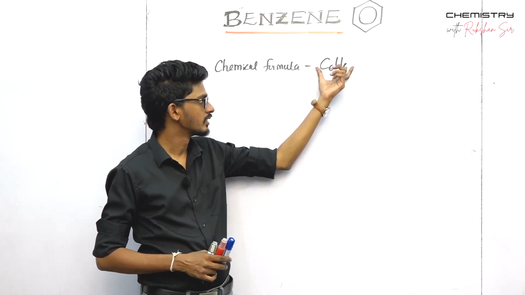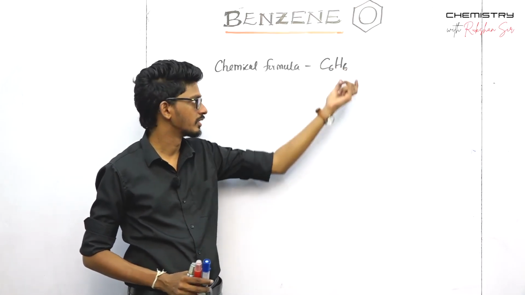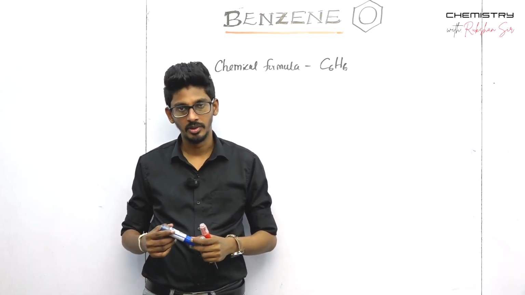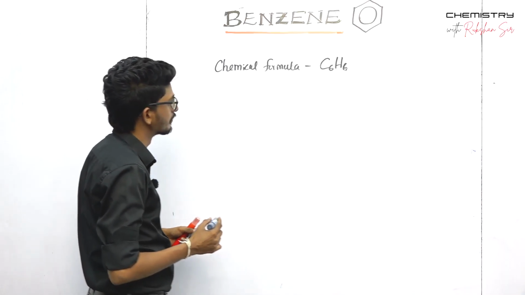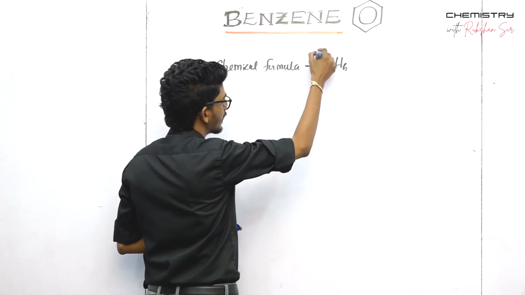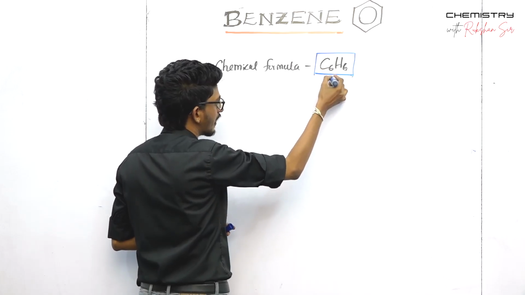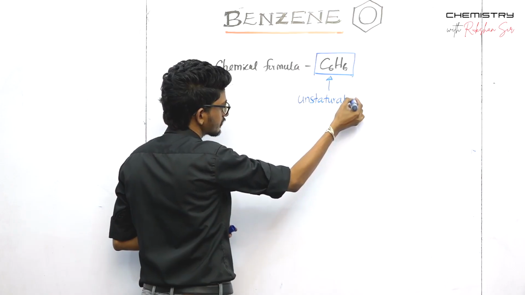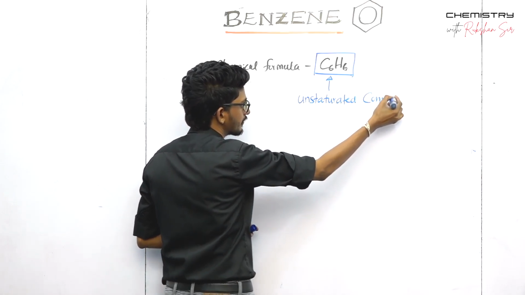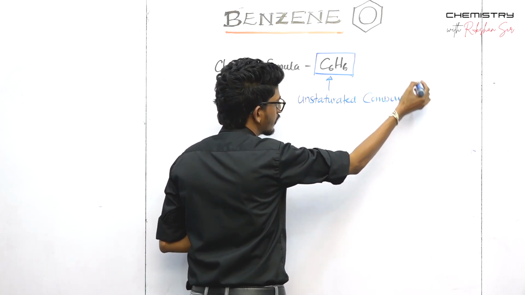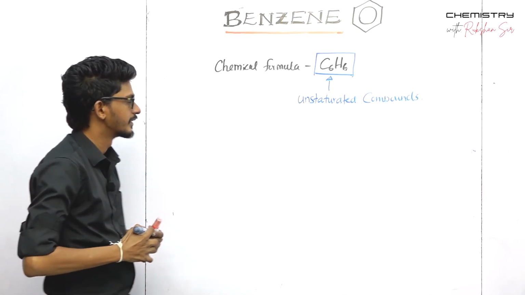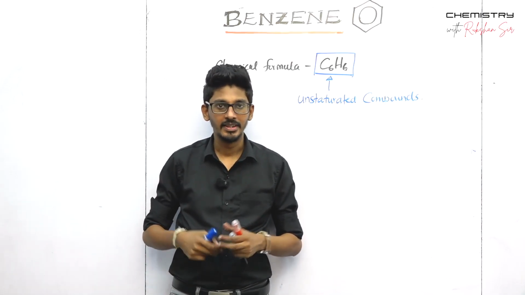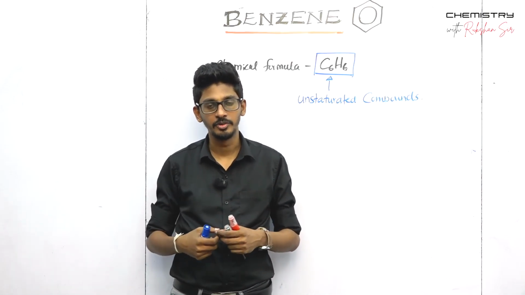But when it comes to benzene, you lack hydrogens. You do not have 14 hydrogens there. So benzene is referred to as an unsaturated compound. This formula gives you data about the unsaturation of benzene.